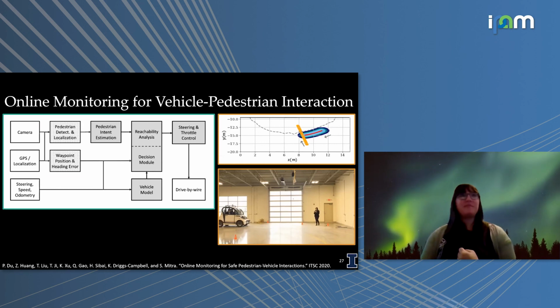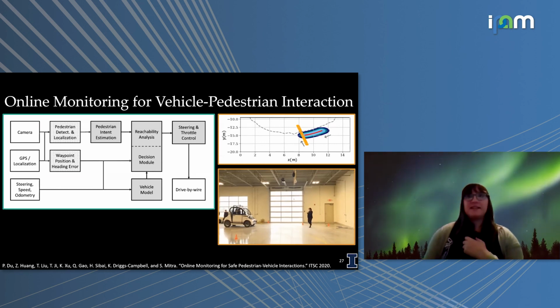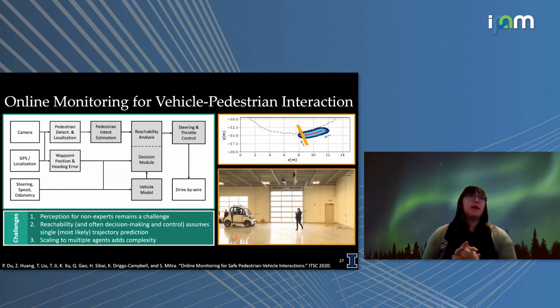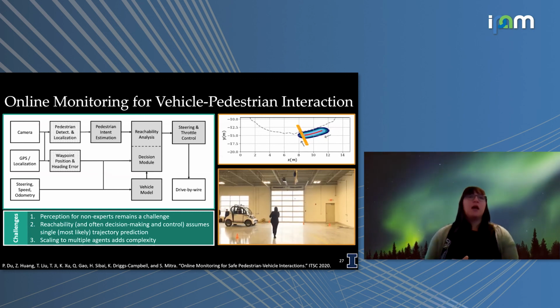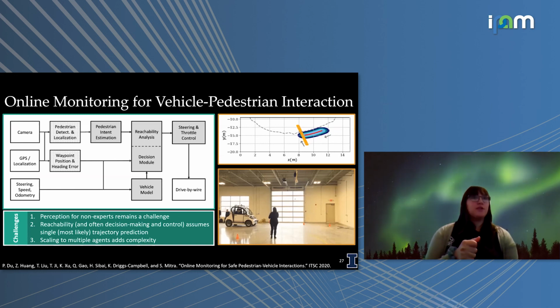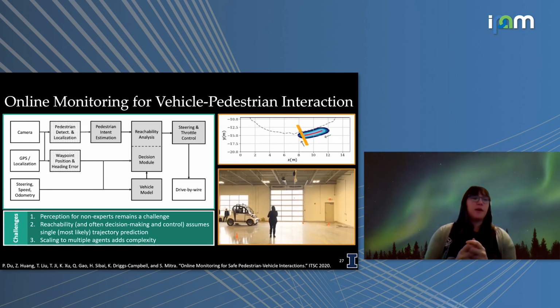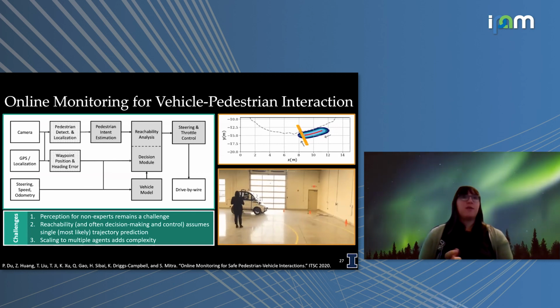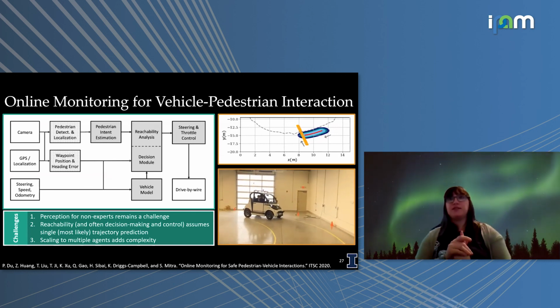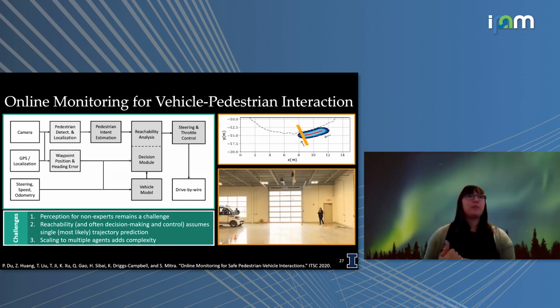And I know I'm at time, but as a quick aside, there are a number of challenges and things that were not necessarily easy for us to do. The first challenge was, we're primarily working on this prediction and control component, but one of the big challenges that we had was the perception, and I'll circle back on this in a moment.